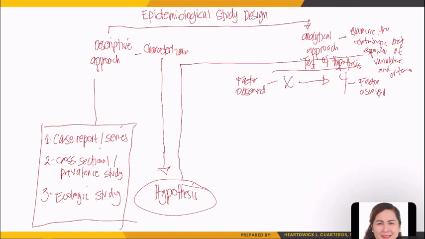So sir, ano po yung factor observed? Ano yung mga epidemiological study design that factor is observed? Number one is your cross-sectional.